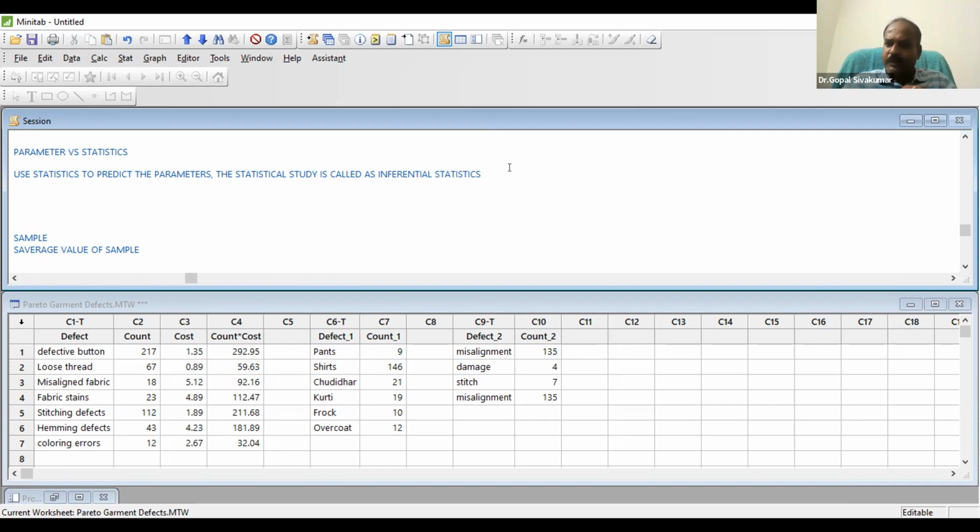Now I spoke about population. I spoke about sample. The characteristics of the population are known as population parameters. The characteristics of the sample are known as statistics. Why I need statistics? Because I want to understand the parameter. Because when I understand the parameter, I now understand my population. Population means I have not produced.